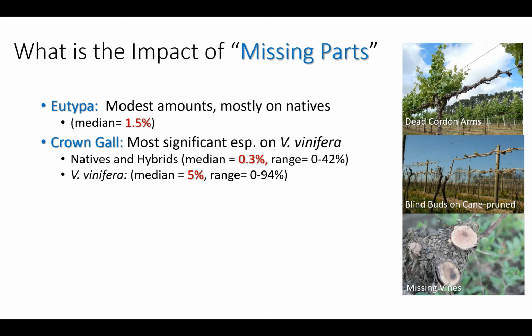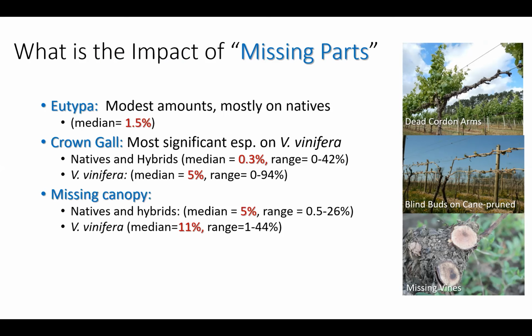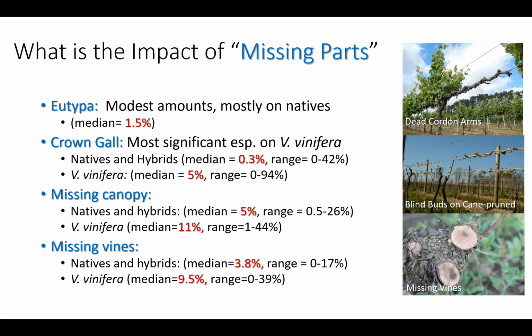Also, the grafting, because many of the natives and hybrids are ungrafted. So missing canopy, natives and hybrids, the halfway point, 5% range, up to 26%. Vinifera, median 11%. So missing vines, either 3.8 or 9.5%.